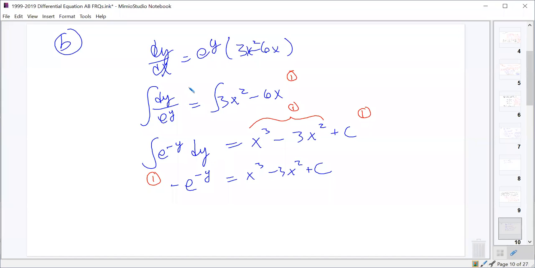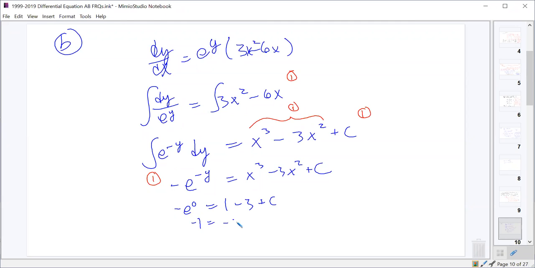And then you need to solve for your constant. What was our initial condition? That x equals 1, y equals 0, is that right? Yes. Okay, so we got negative e to the 0 equals 1 minus 3 plus c. E to the 0 is 1, so that's negative 1 equals 1 minus, well, write that out.